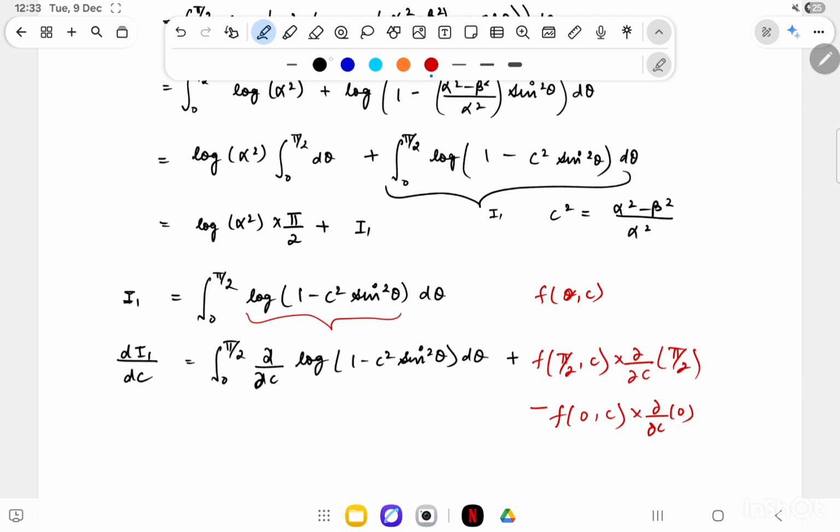Now since pi by 2 and 0 are constants, these two terms will reduce to 0.